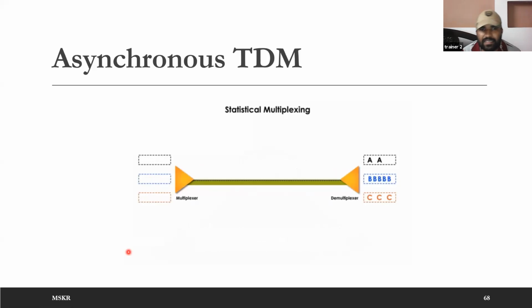So as you can see here, this is actually not just round robin fashion. In this particular animation, what they did is the slots will be allocated based on priority.